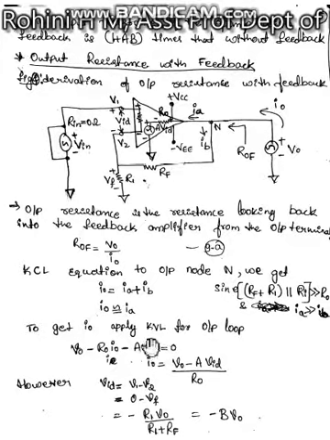If we rearrange, we get I naught is equal to V out minus A into VID, divided by R naught.